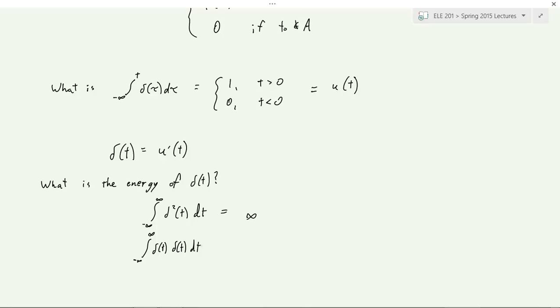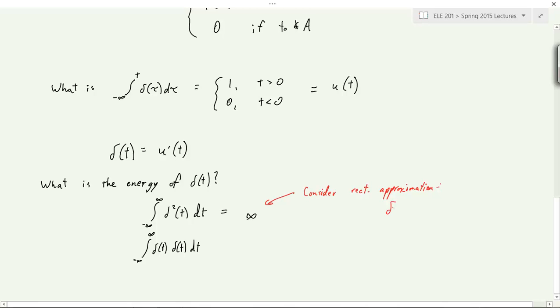I mean, you could argue that this should be infinity because you could look at the approximating functions that we used to motivate the delta function. We said that we had these rect approximations, which were of width capital delta and height 1 over capital delta.